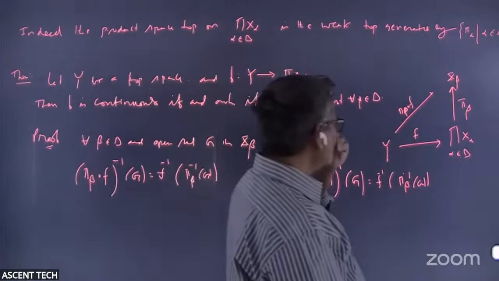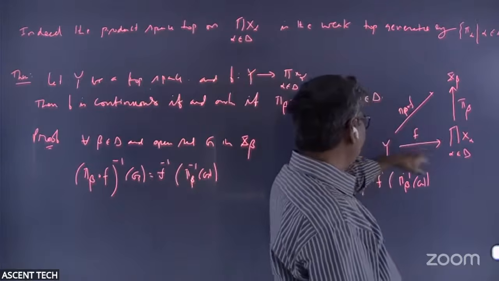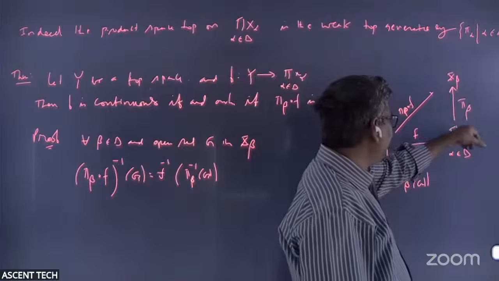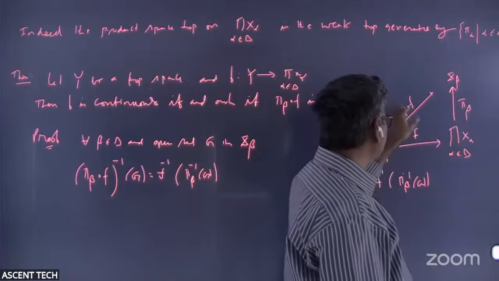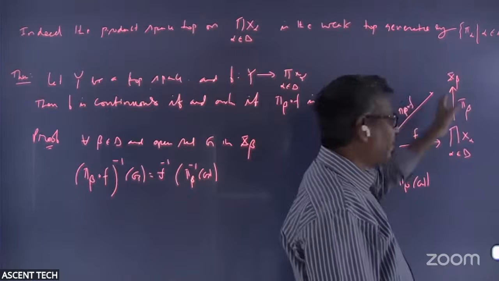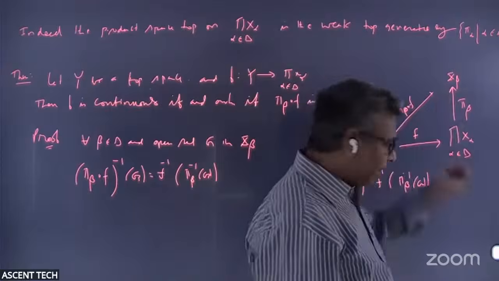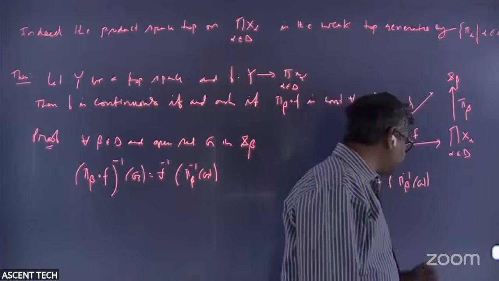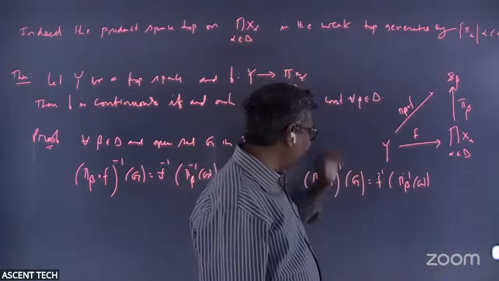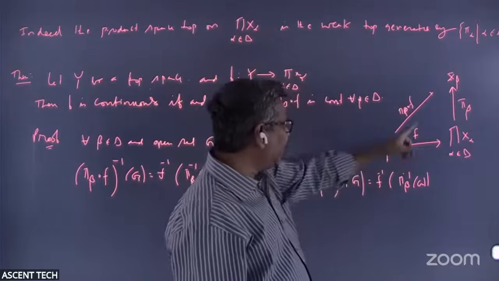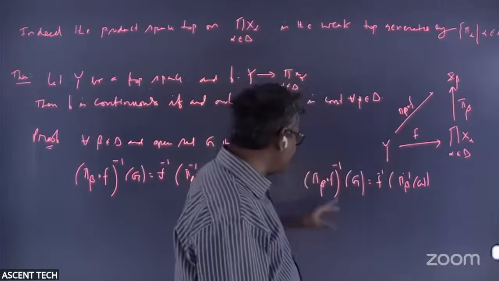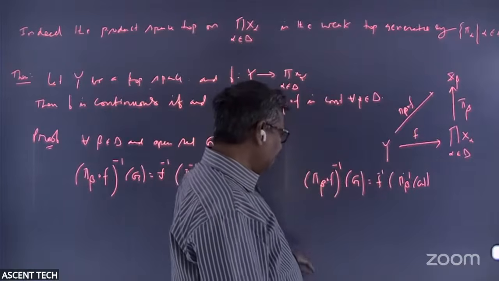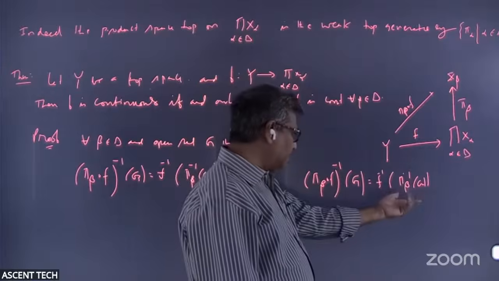First, if F is assumed to be continuous, pi beta is anyway continuous, and therefore their composition is continuous. So pi beta circle F is continuous for all beta. Conversely, if I assume every pi beta circle F is continuous, that means no matter what beta I take, no matter what open set G I take, pi beta circle F inverse G is an open set, which means F inverse of such open sets are open.